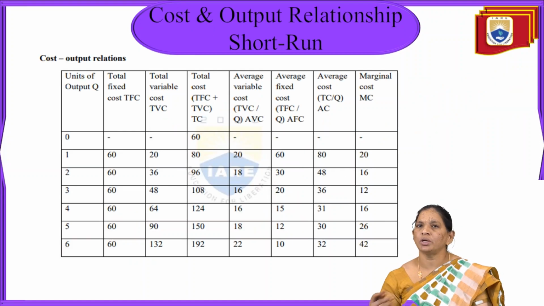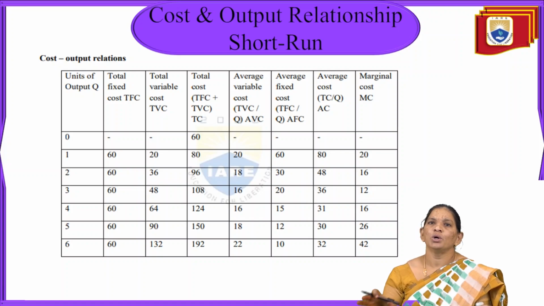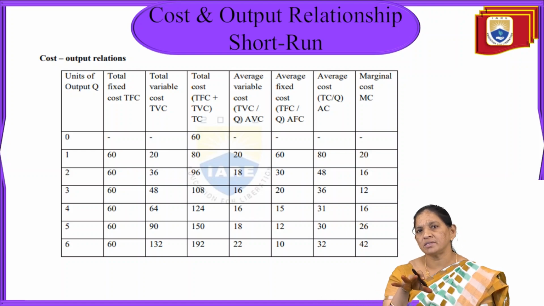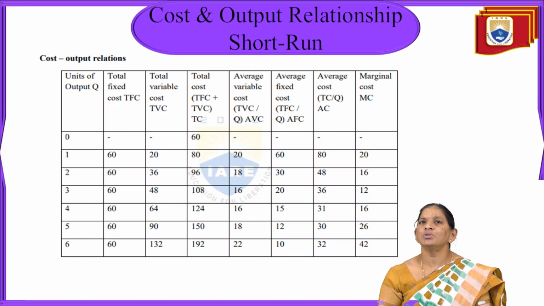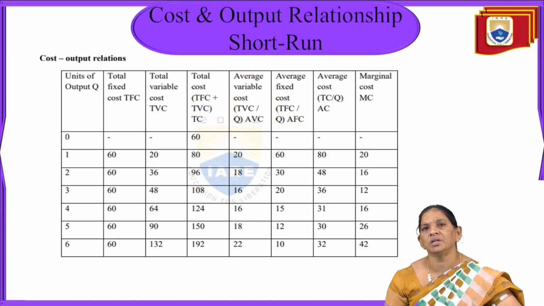We have already seen that short run means the period is very short and we can't increase the capacity of the plant; only the existing plant capacity will be utilized to increase production. We'll see this with the help of a table showing the cost and output relation.